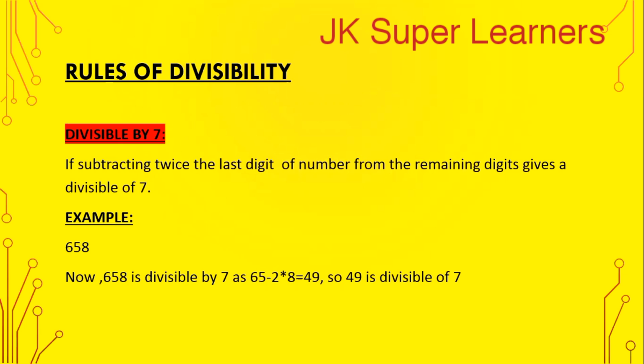Here the last digit is 8 and we have to double the last digit, so we will multiply 8 by 2 and then subtract it from the remaining digits. The remaining digits are 65. 65 minus 2 into 8 is equal to 49. So it is divisible by 7.